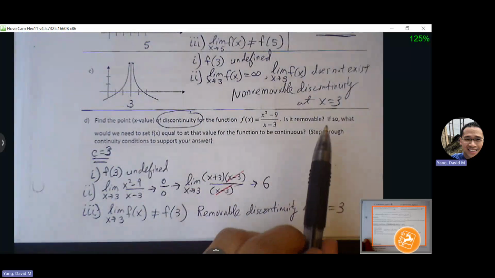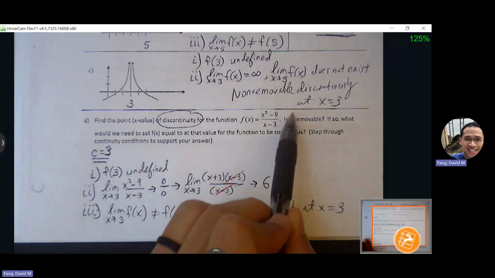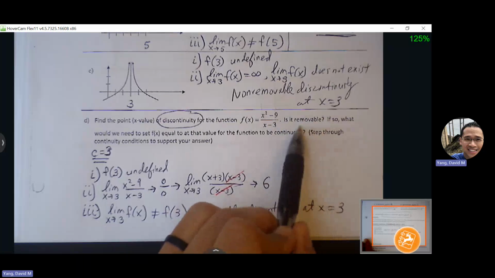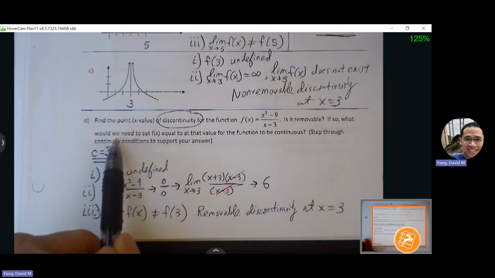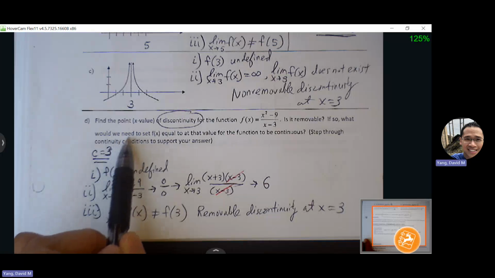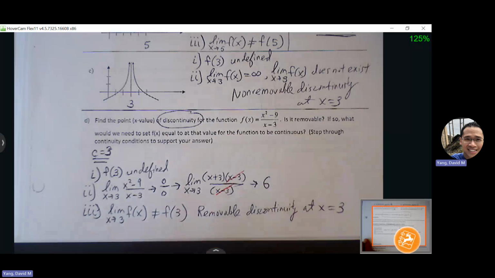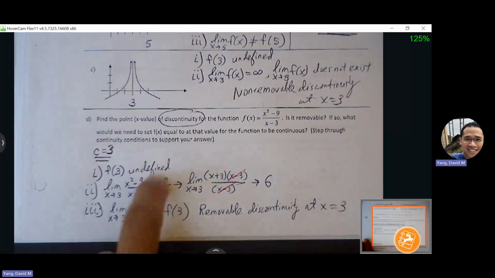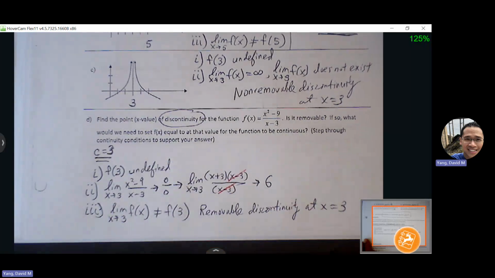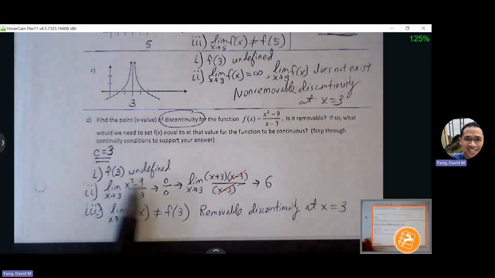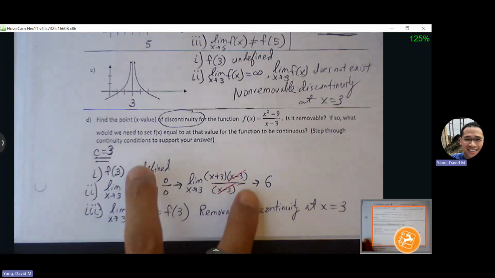One more thing here: we did confirm it is removable. If so, what would we want to set f of x equal to so that the function is continuous? So what must f of 3 be equal to if we want this graph to be continuous? Yeah, f of 3 has to be equal to 6 in order for these to agree.